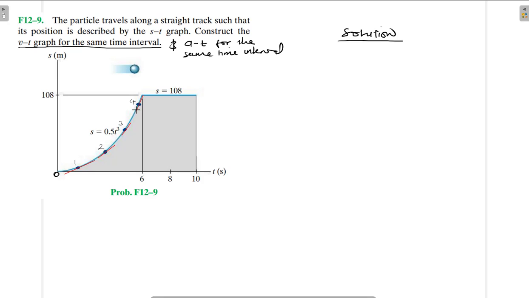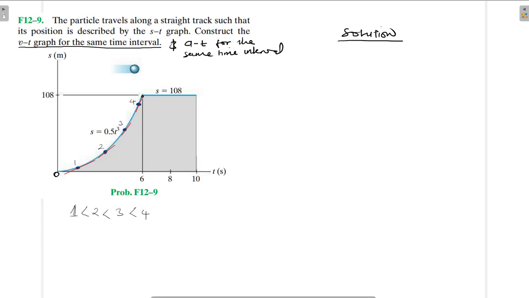So the slope at 1 is less than the slope at 2, and 2 is less than the slope at 3, and 3 is less than the slope at 4. So 4 has the highest slope. We've seen how the slope keeps on increasing as we approach time at 6 seconds.